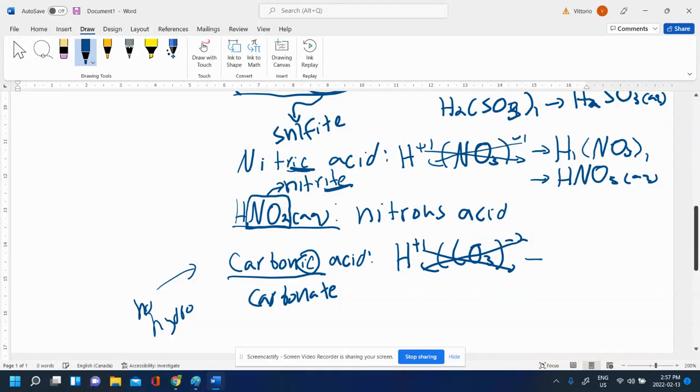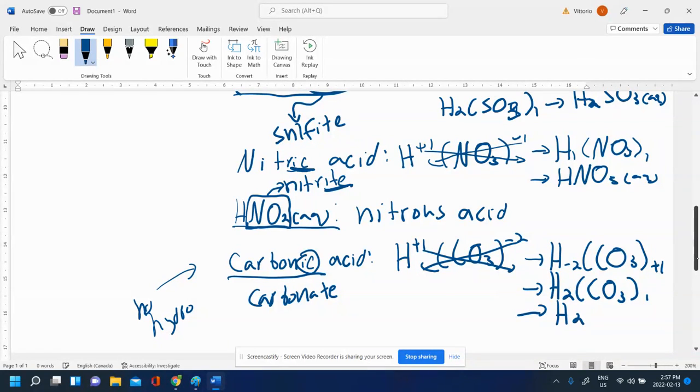Crisscross those and you get H with a 2, brackets CO3 with a 1. We can drop the 1, so H2CO3. We no longer need the bracket either. So H2CO3, and then to finalize, don't forget we got an AQ there, and that's carbonic acid.